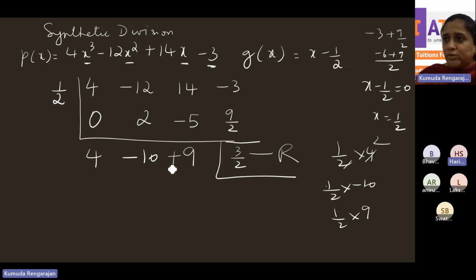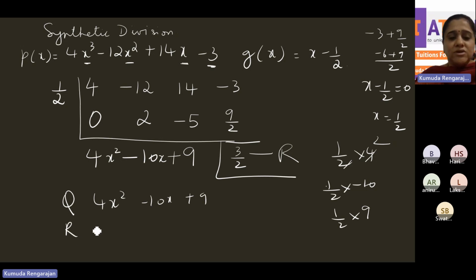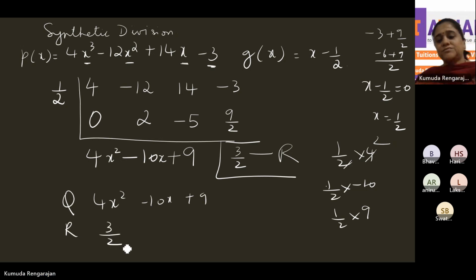Yes, plus 9. So put the sign. And here this is the x term, and this is the x square term. So the quotient is 4x square minus 10x plus 9. And the remainder is 3 by 2. Got it, Pranav? Yes, miss. Very good. Yeah, right on, children.